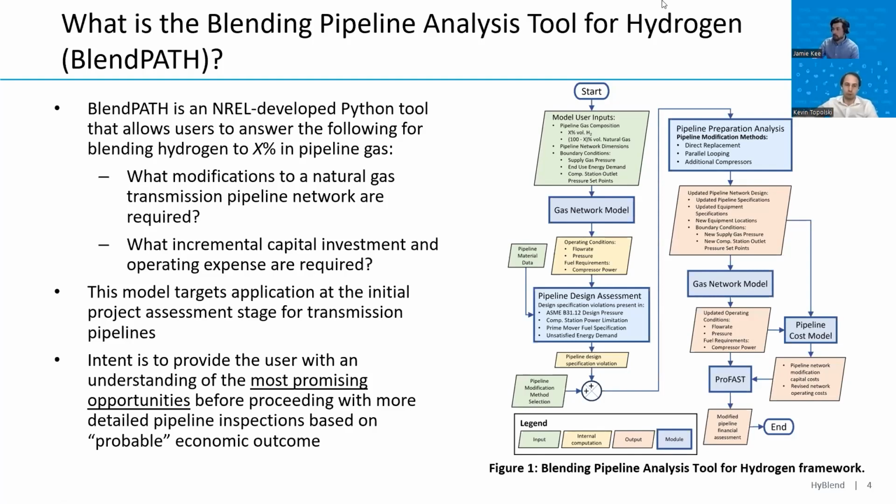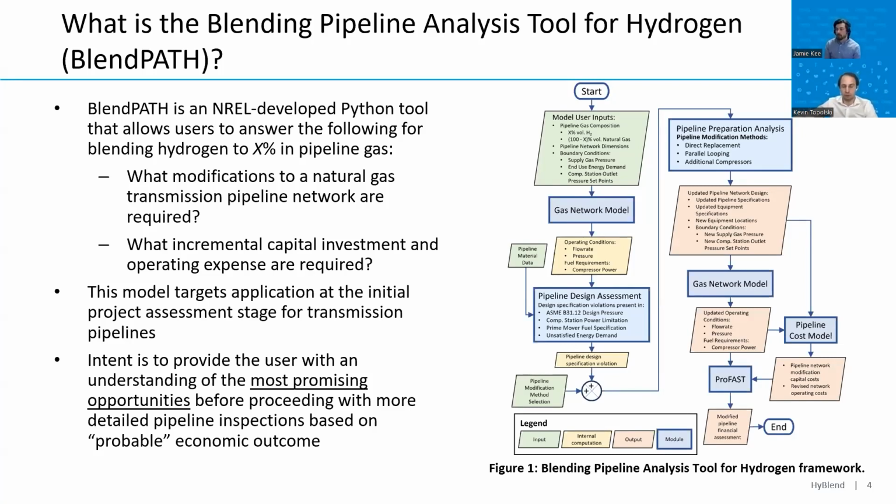The 2 questions that we developed the tool to answer are: what are the modifications to a natural gas transmission pipeline network to enable pipeline transport of gas with X% hydrogen? What are these modifications that are required for this? And then also, what are the incremental capital investment and operating expenses that are associated with these given modifications?